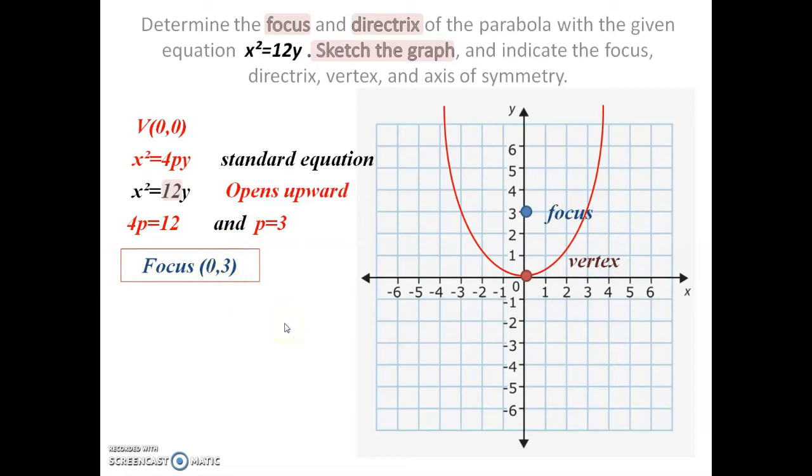And next, we're going to find the line of the directrix. From the vertex, we go down. How many units? 3 units, because that's the value of p. So we go down 3 units, and that is the line of our directrix.